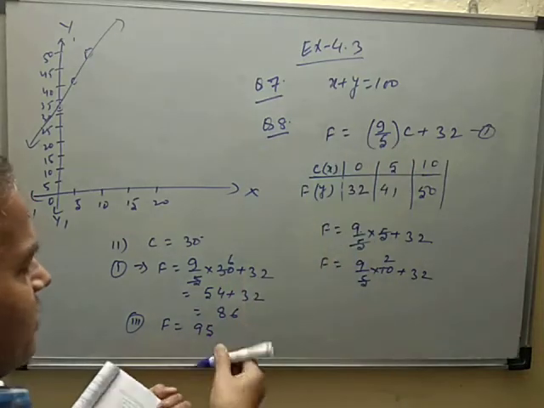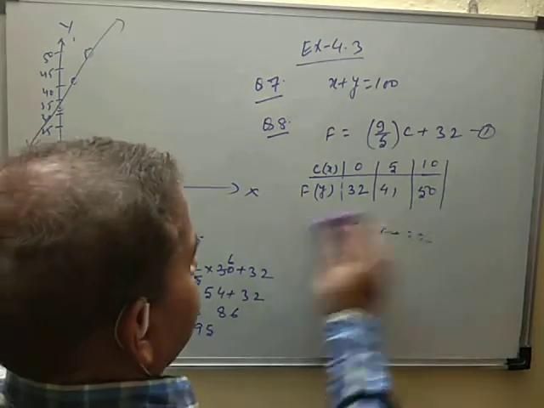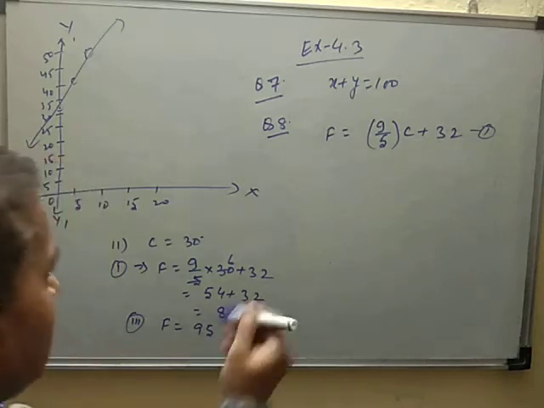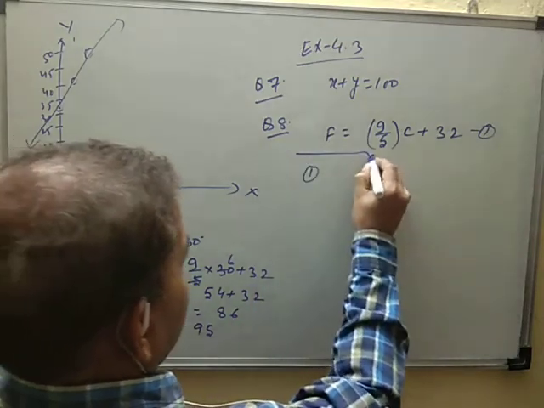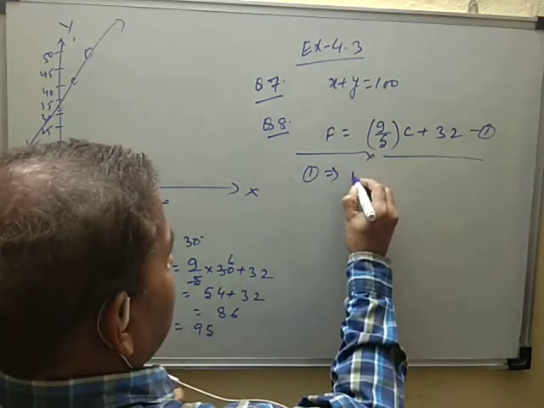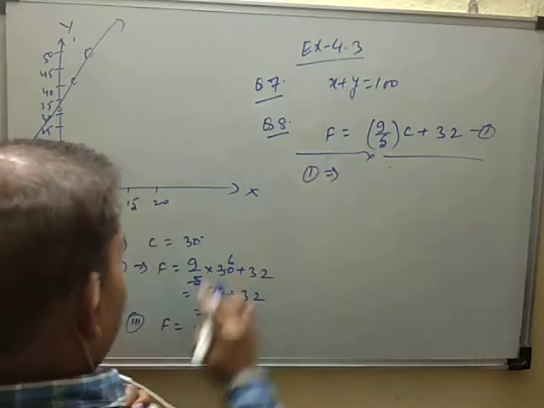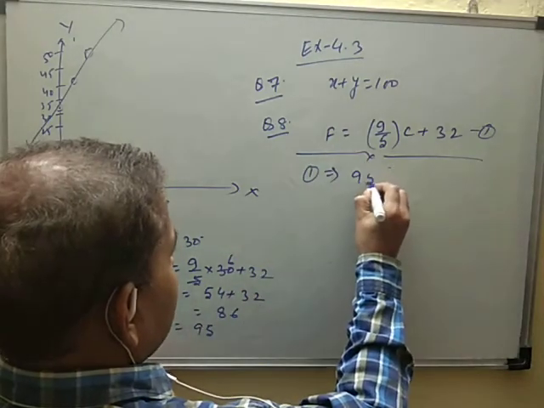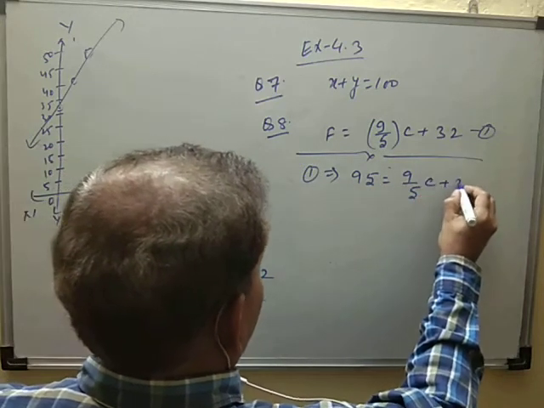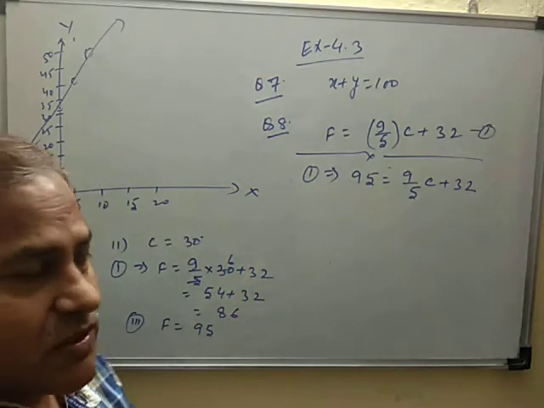Put the value of F here and find the value of C. So equation 1 implies F is equal to the value of F given, 95, is equal to 9 by 5 into C plus 32. Here find the value of C.